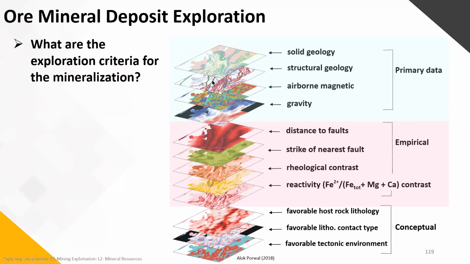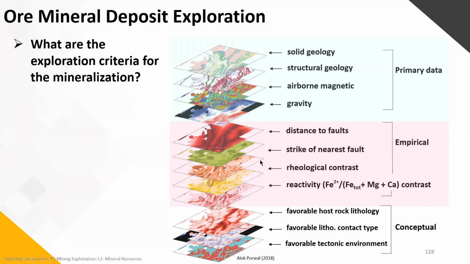So once we know where we have our main structural geology, we can create distance to faults maps as seen here. We can create strike to nearest faults to known deposits to know which orientations are favorable. Once we have a solid geology from the surface and understand it well, we can create what we call the rheological contrast between our different rock units.